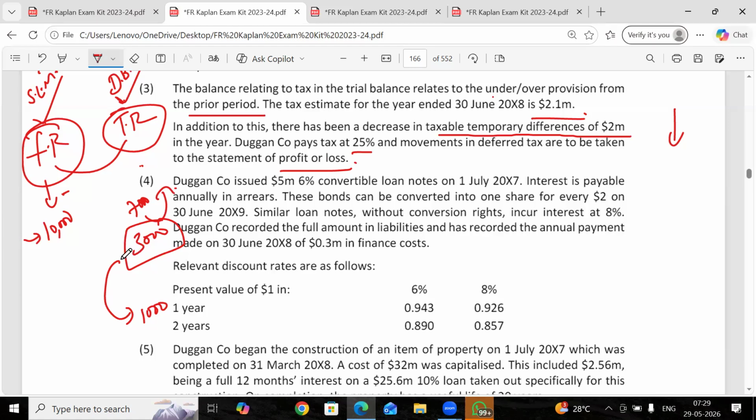So if there is a reduction in the deferred tax liability of 2,000, that means this much less tax I need to pay. Previously I was to pay 3,000, now I'm supposed to pay only 1,000 because the liability has got reduced. So this is a kind of deferred tax credit for me. So my total tax expense will decrease because of this reduction.